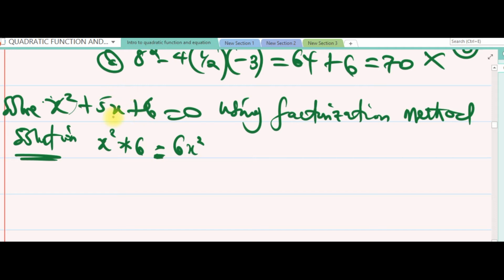So we must find two factors such that the product still results in 6x squared, and their sum results in the middle term. So 6x squared could be written as 2x times 3x. So I will now replace my 5x with 2x and 3x.